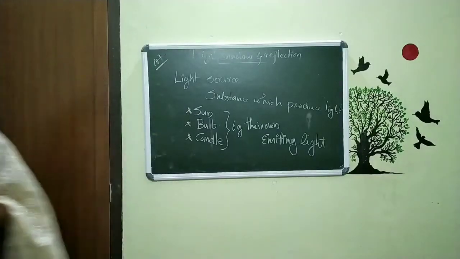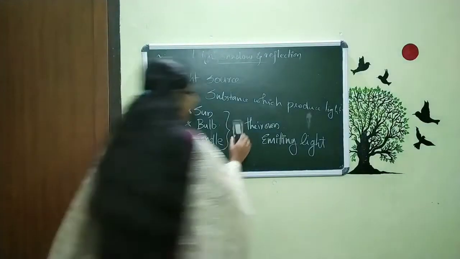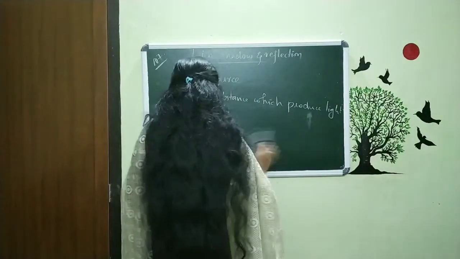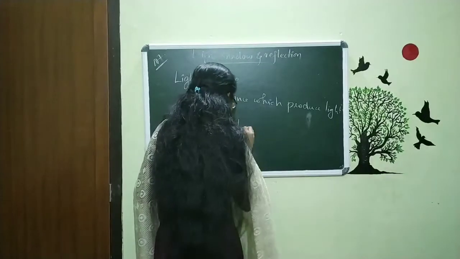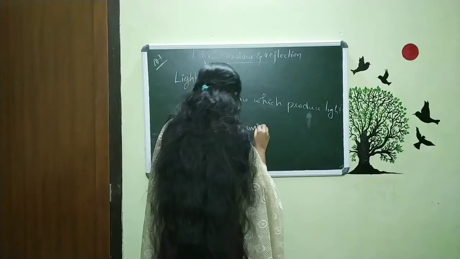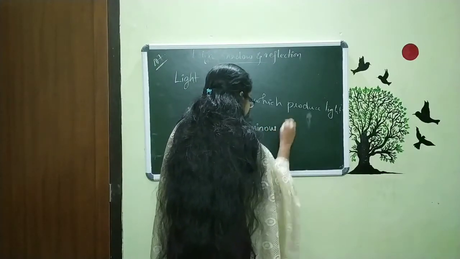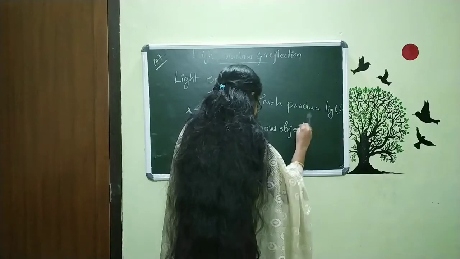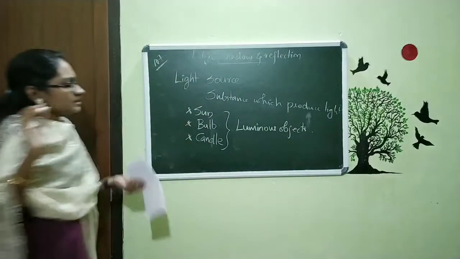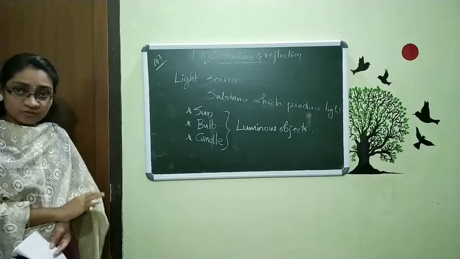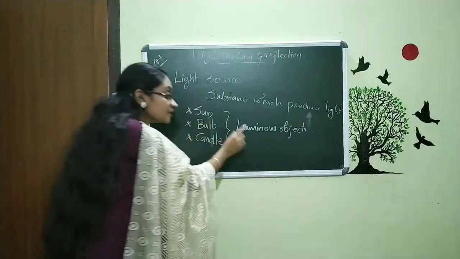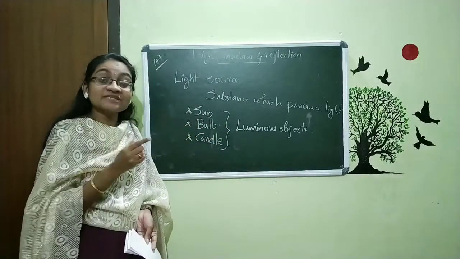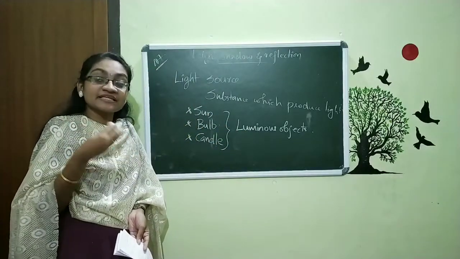And all these can be given a particular name, and that is luminous objects. The meaning is similar to light source, but generally we call luminous objects the objects which produce light by their own.